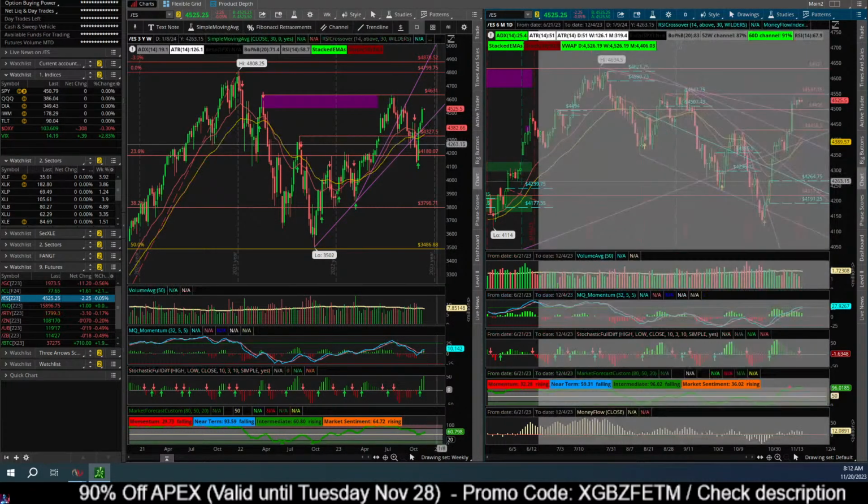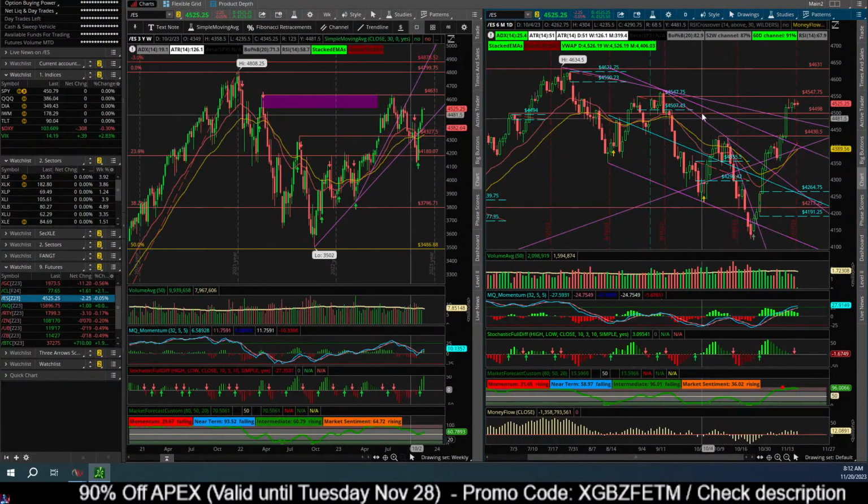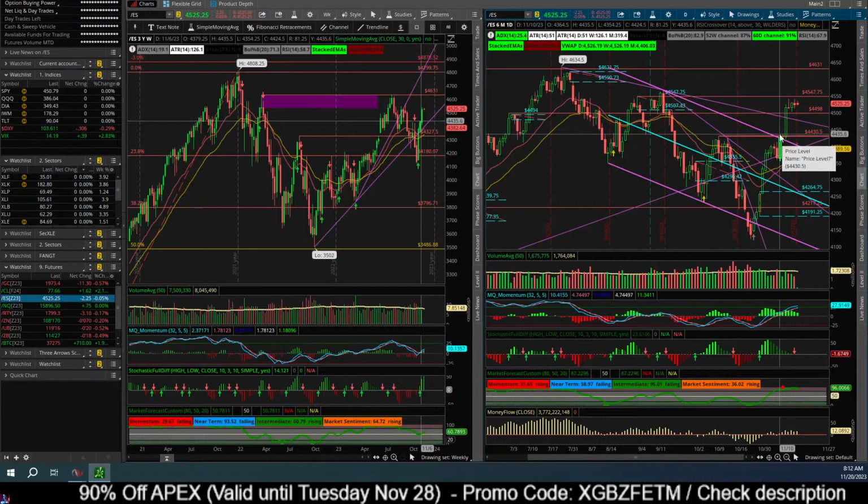So let me expand this one a little bit at least. We had a channel going back down here, and then it was violated right up here. Violated there. And then it took a really big hike into this level.